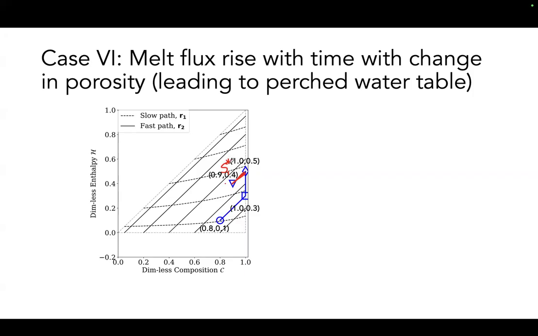So it leads to a rising perched water table. So we go up, and then there is this jump because we are fully saturated in this particular region where C equals 1.